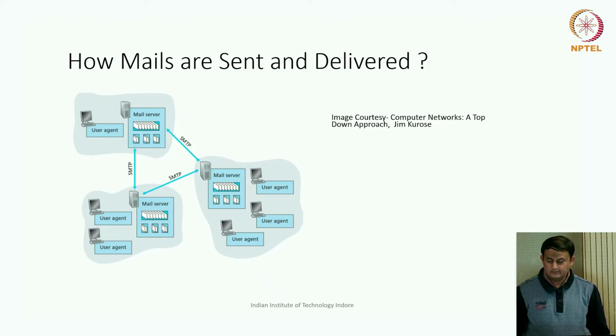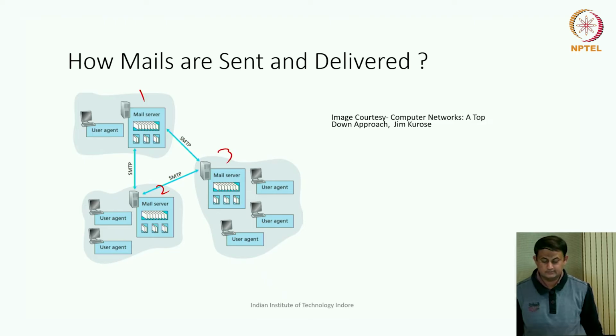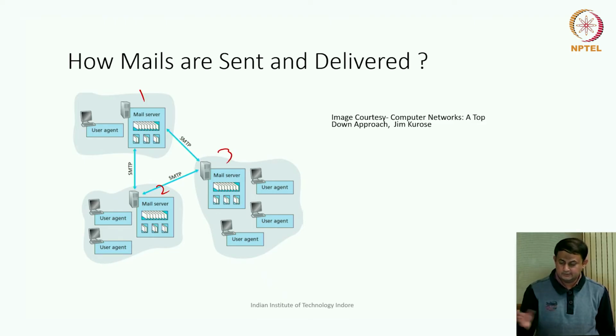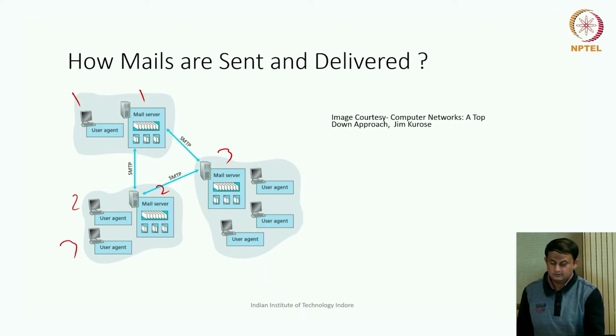What you have here is a bunch of mail servers: one, the second mail server and the third mail server, and a bunch of users. 1 prime, 2 prime, 3 prime are the mail servers, and 1, 2, 3, 4, 5, 6 are the users.